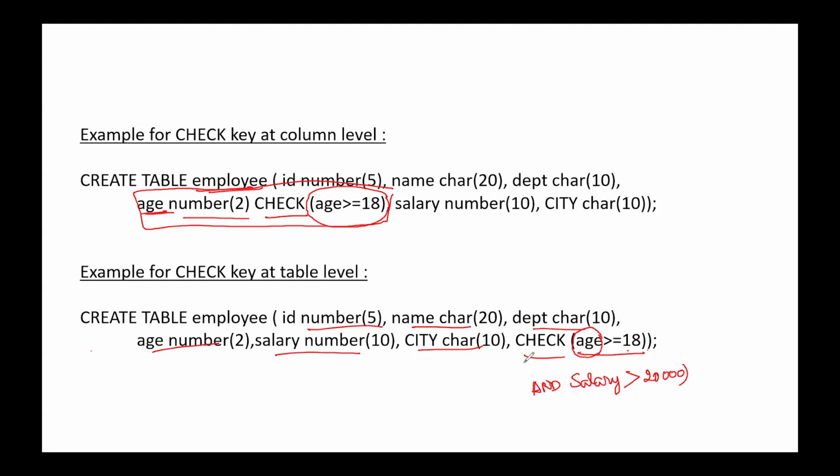So this is how I will put the constraint. On the left-hand side of the comparison operator, I will have the respective column names, and the condition will be mentioned inside the parenthesis after writing the keyword check. Right? So this is how we will use these three constraints.